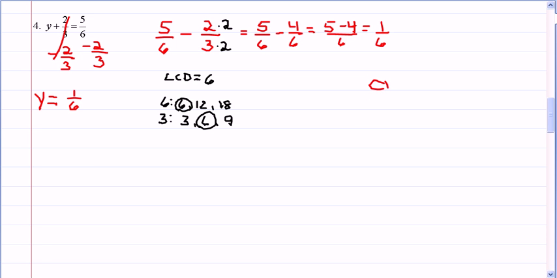And now I want to check that answer. So I take the value of y equals 1/6, and I write the original equation, y plus 2/3 equals 5/6, and 1/6 gets substituted in for y.